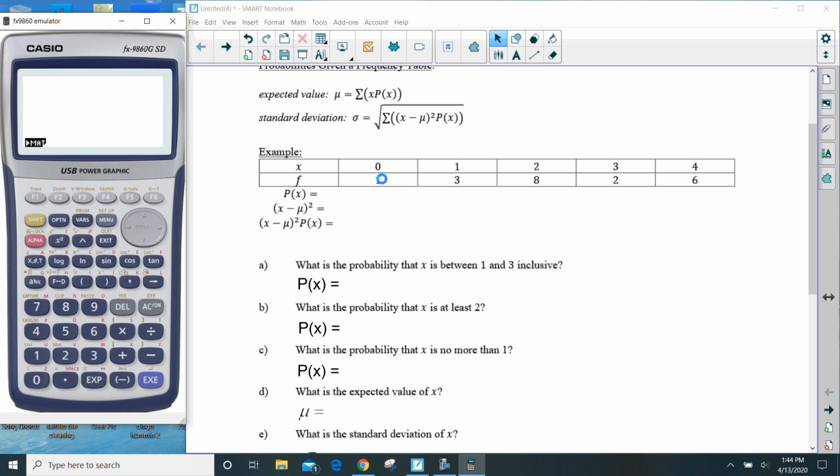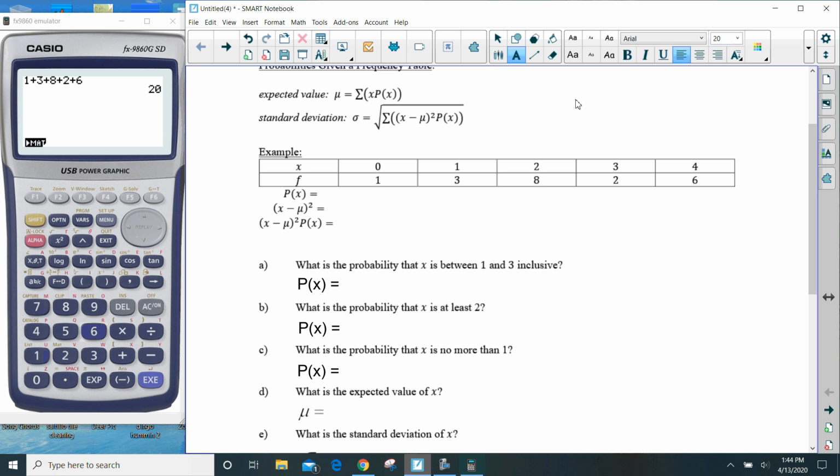All right, so the first thing is we need to figure out the probabilities. That's the individual number, like for instance, 1 out of this total. So I need to know this total. The total number of numbers is going to be 1 plus 3 plus 8 plus 2 plus 6. These things add up to 20.